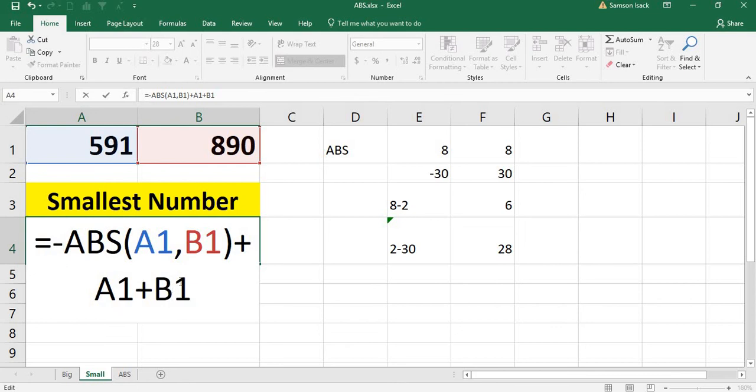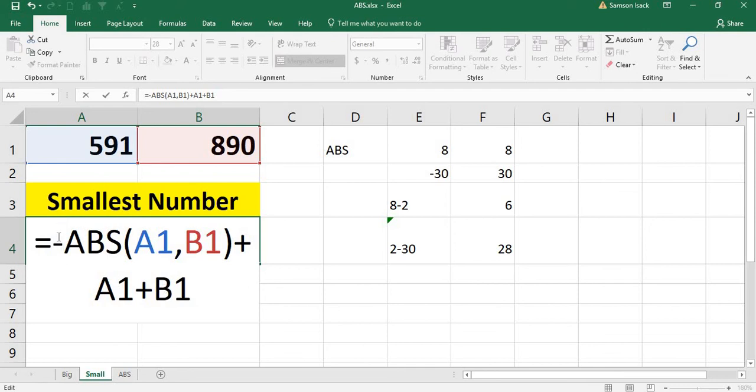B is the bigger number, so I subtract the difference from B, which makes it A as well. So it gives me 2A, which is 2 times the smallest number. Whichever way, it gives 2 times the smallest number, irrespective of whether A is the biggest number or B is the biggest number.